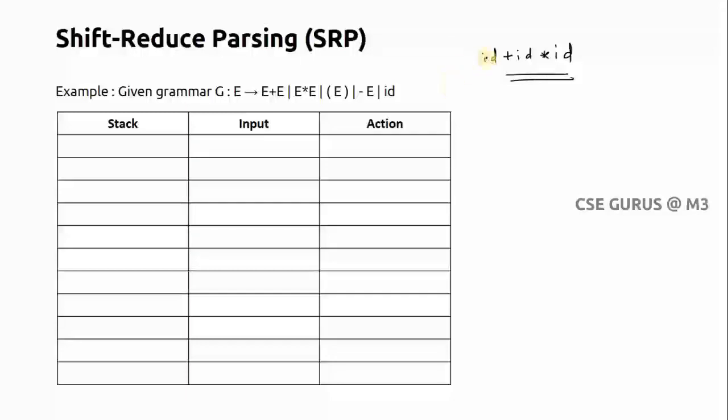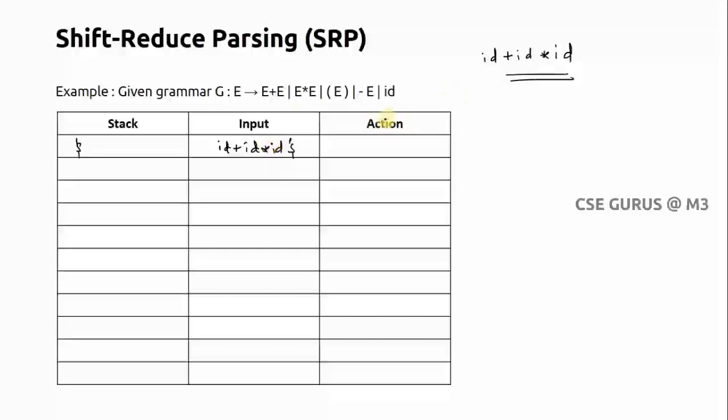In a top-down parser, we take the start symbol and derive the string. Of course it goes till the leaves, but here in reverse, it starts from the leaves. That means from the input string you have to finally get the root node. So that's what we will do here. Initially I'll take an empty stack, marked with a $, and the input id plus id into id, ended with $.